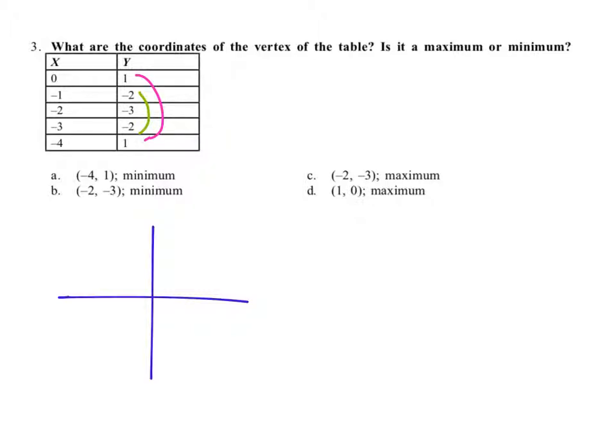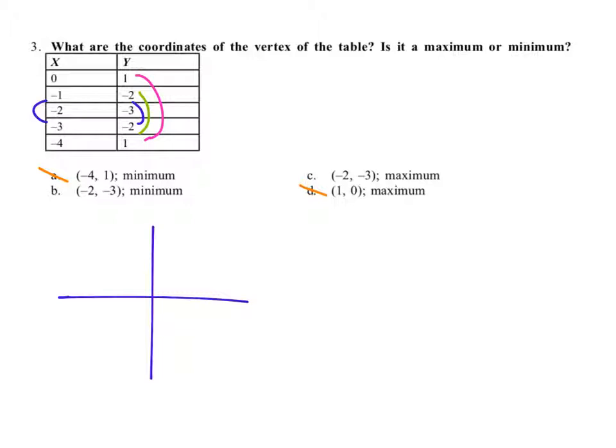Okay, and what do you get right in the middle? You get right in the middle this point, -2 comma -3. That is the vertex. That's the point where the parabola changes direction. Okay, so we got a point -2 comma -3. So we already know that it's not A and it's not D.